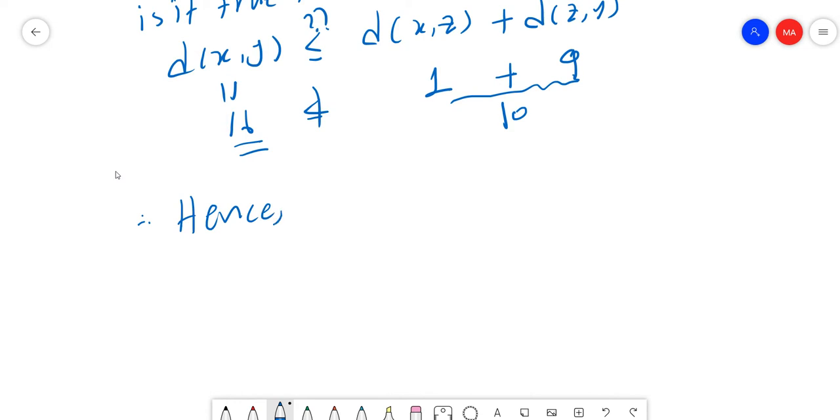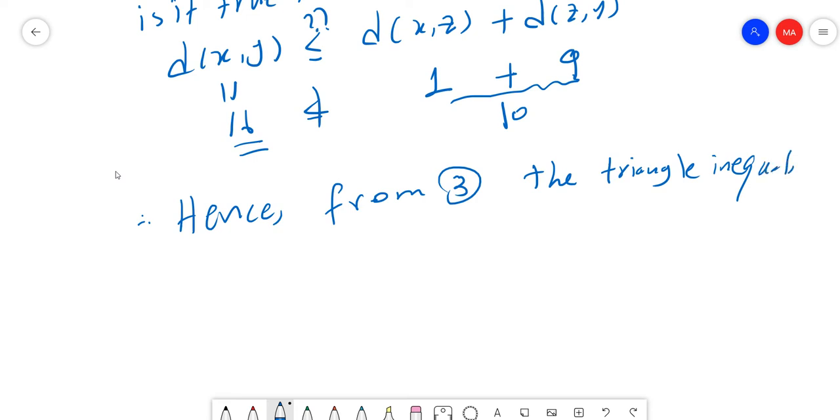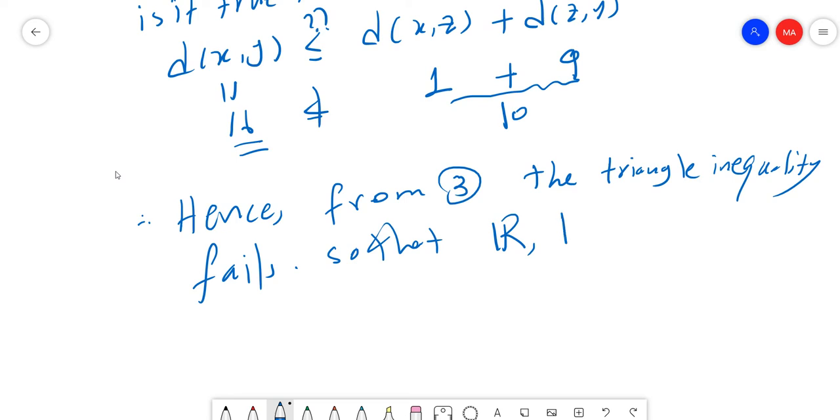Hence from 3, the triangle inequality fails, so that R with the given D is not a metric space at all.